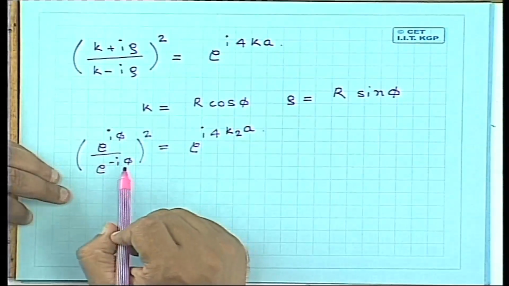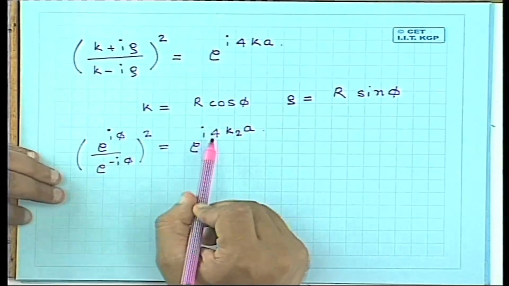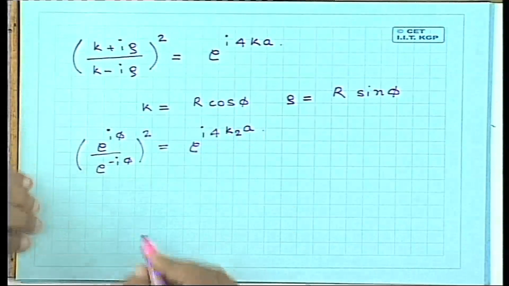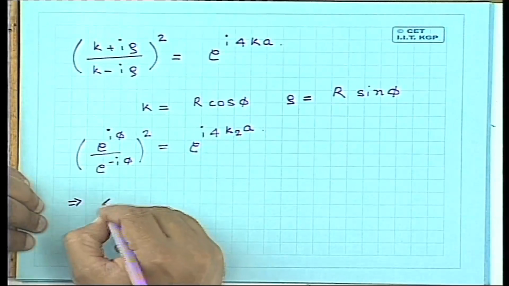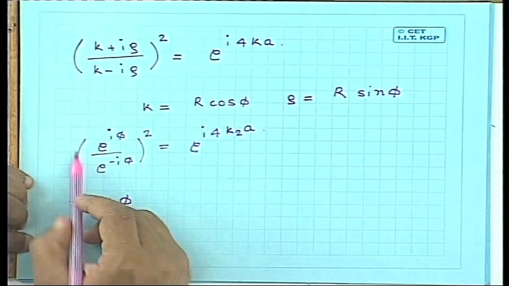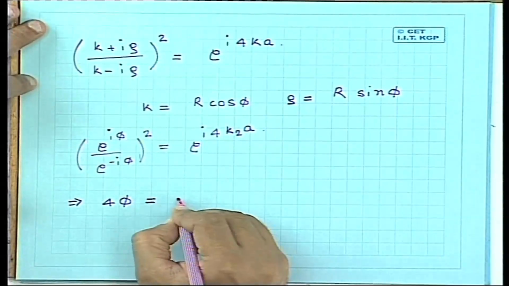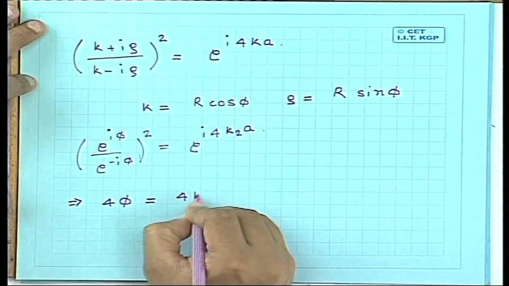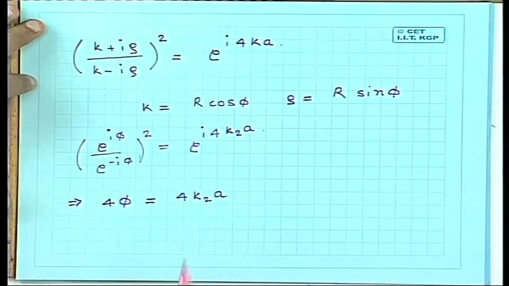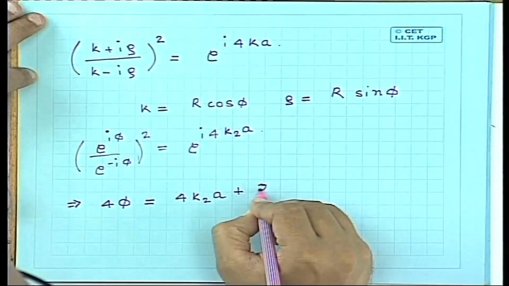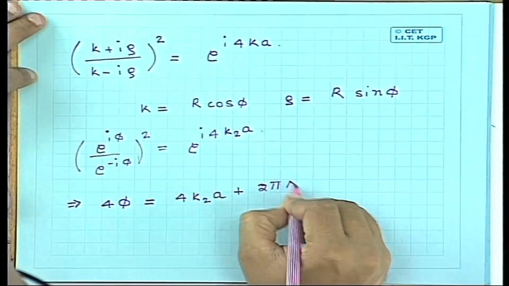So this tells us that e to the power I 4 phi is equal to e to the power I 4 k2a. So this implies that 4 phi is equal to 4 k2a plus a factor of 2 pi into some n.